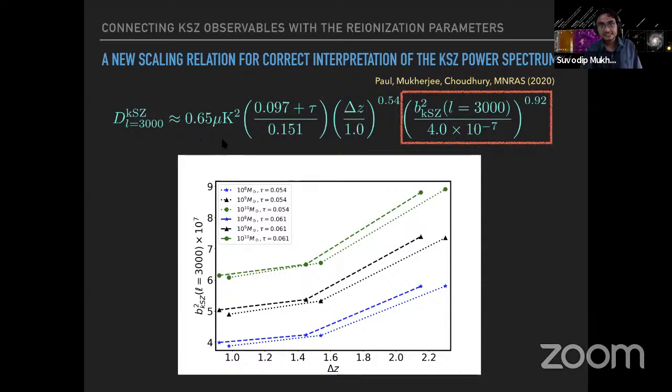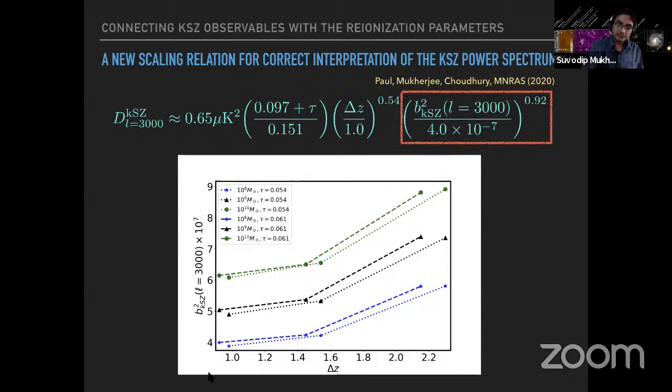Here it is written in terms of the mean optical depth, tau, which one can actually measure from other CMB probes such as E-mode polarization, the delta z parameter, and this new parameter which we have introduced called the kSZ bias parameter.